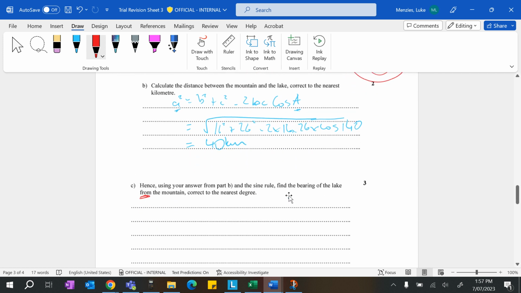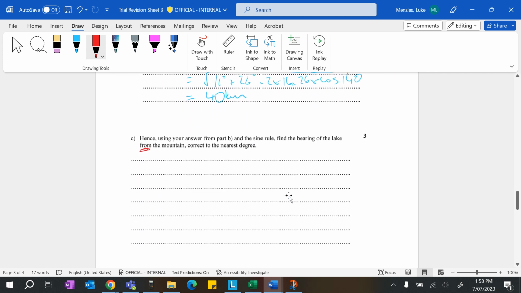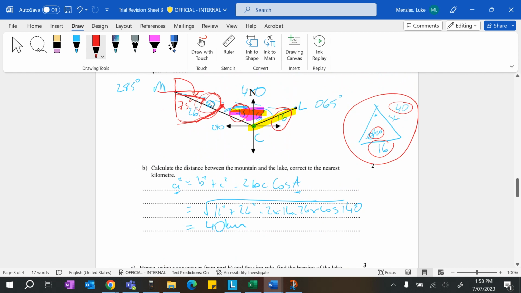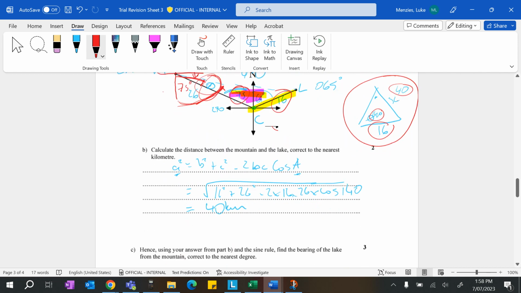So let's go and do that. It says use sine rule, so use the sine rule. I'm going to flip it because when I find an angle, I like to put the angle on top. Sine theta over 16 is equal to sine 140 over 40, because we don't know theta yet, and 16 is opposite the angle that I wanted.